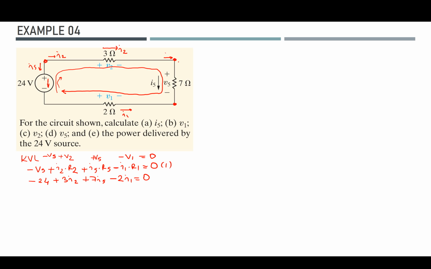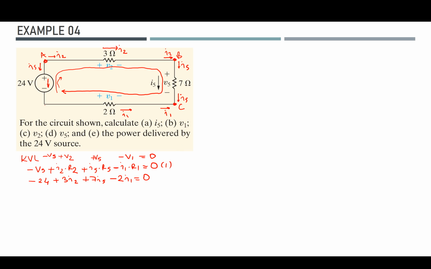I have the I2 here at this next circuit node, and here I have the I5, and again I have the I5 here, and I have the I1. Let's say this is point A, this is point B, and this is point C.